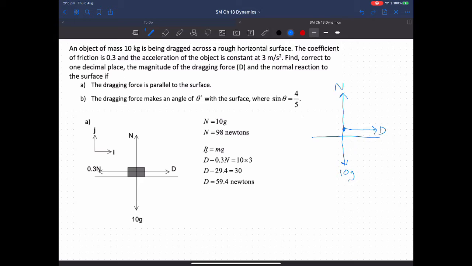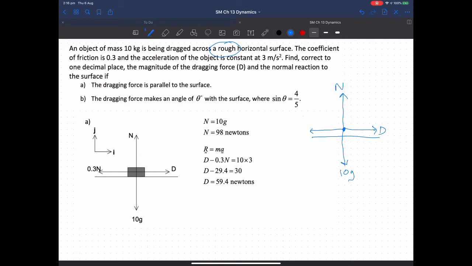We know there is friction involved because we're told this is a rough surface, and we know that friction is equal to mu times n and operates in the opposite direction to motion. So if I'm being dragged towards the right, that means my friction is operating towards the left.